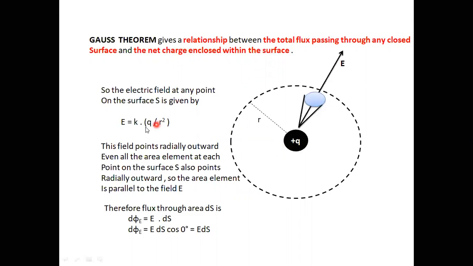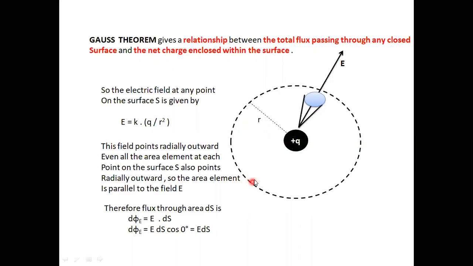Now you see this electric field E is expressed as kq by r square. This electric field strength will be valid over this Gaussian surface, which is again at distance r. If we find my electric field value E at this particular point, where my spotlight is located, it will be kq by r square.